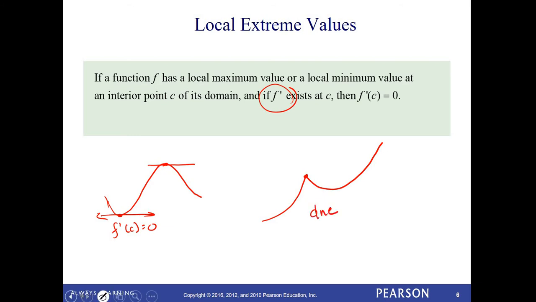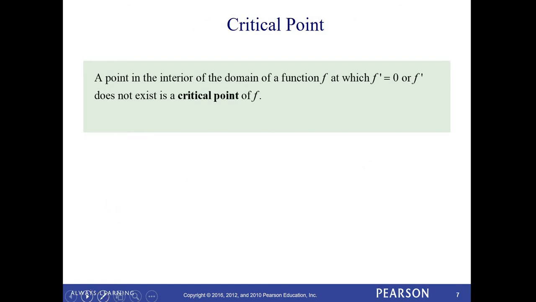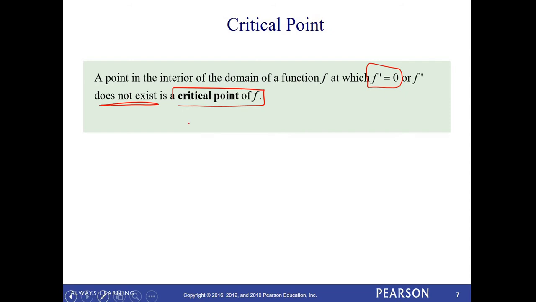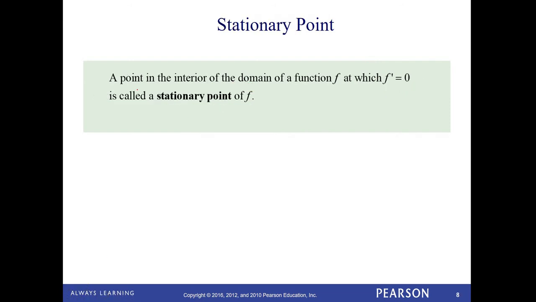So, what does that mean? Critical points. A point in the interior of the domain at which f prime equals 0 or f prime does not exist is called a critical point of f. Stationary point. A point in the interior of the domain of a function f at which f prime equals 0 is called a stationary point.